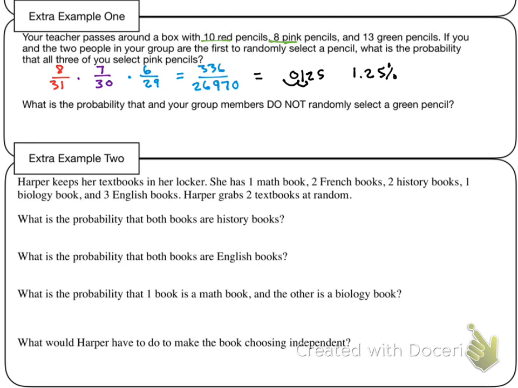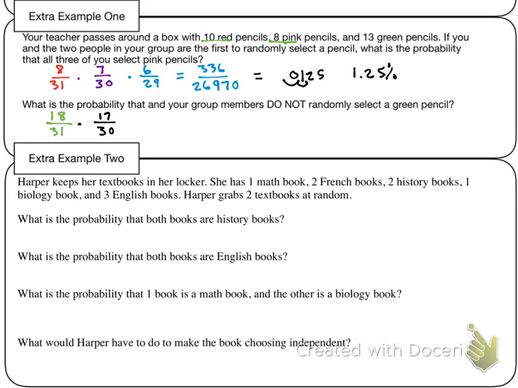So they have 18 out of 31 probability to select a pencil that is not green. So if the first person selected a pencil that is not green, that means that there's 17 not greens left, and there's 30 left in the box.